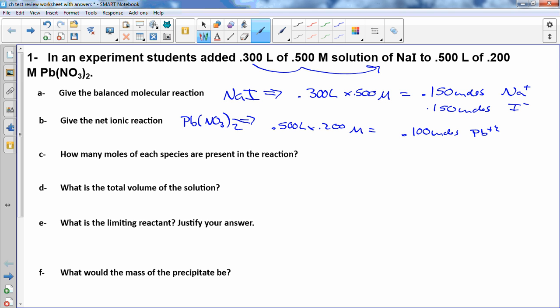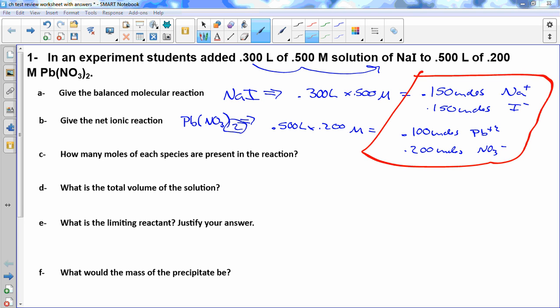But remember, since there's a 2 right here, our NO3 minus will be double this, so 0.200 moles NO3 minus. Hopefully that makes sense. Just had to pause for a second there. So those are the 4 answers. We'll use those coming up pretty soon. So that was actually the answer to this problem.